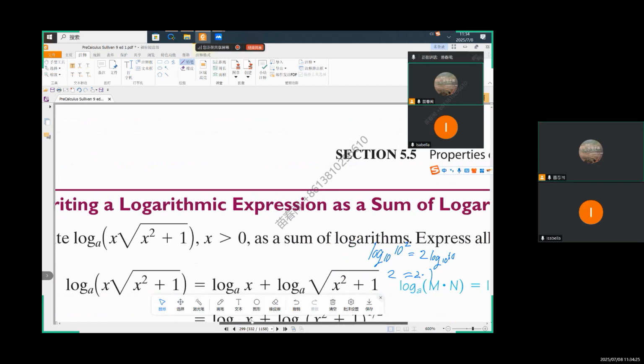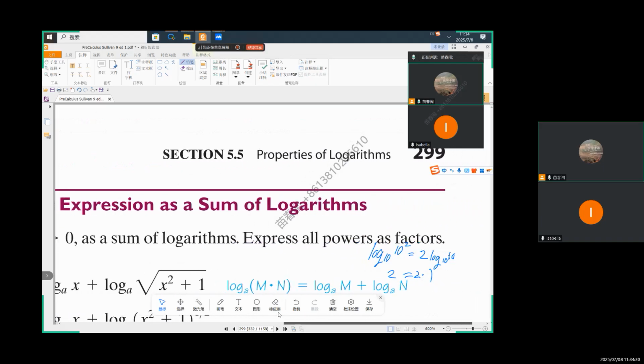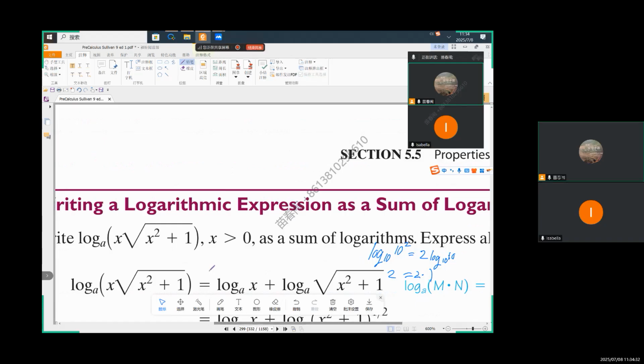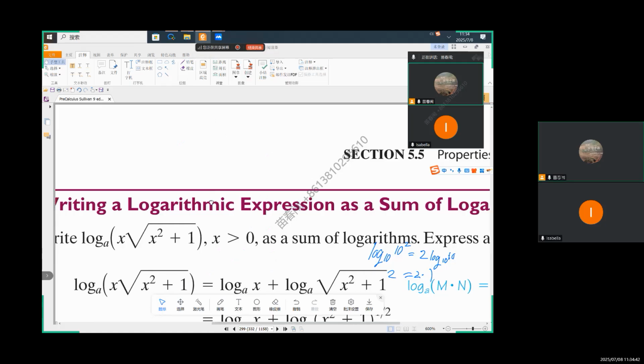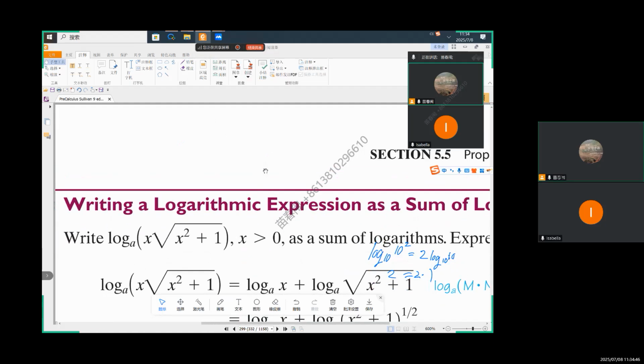Here, write this big logarithm as the sum of logarithms, expressing all powers of factors. Can you express this using all the laws?